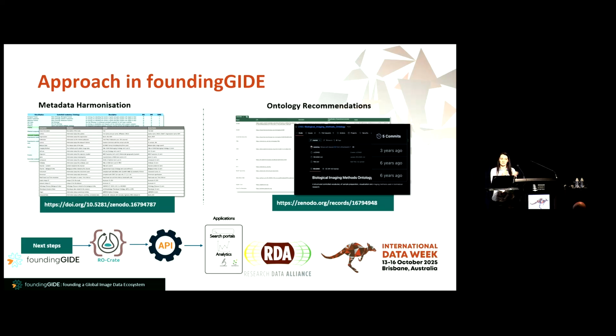Then having just the metadata schema is not enough. You also have to have ontologies to describe these schemas, to describe the items in the metadata, and this comes with other challenges, such as some of the ontologies used in the domain are not updated anymore, and you have all kinds of challenges that you have to navigate around. And related to these two outputs, we already have the deliverables.